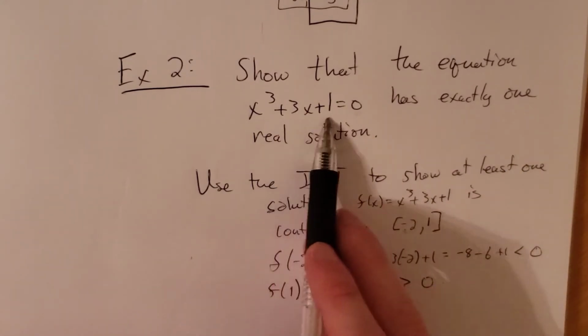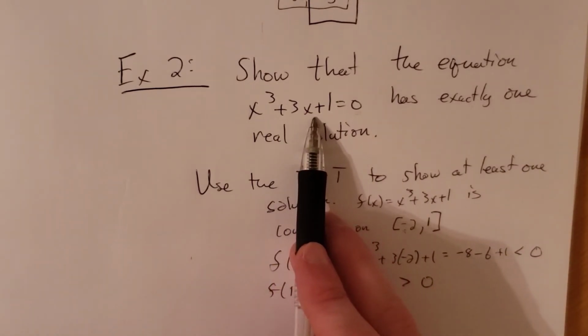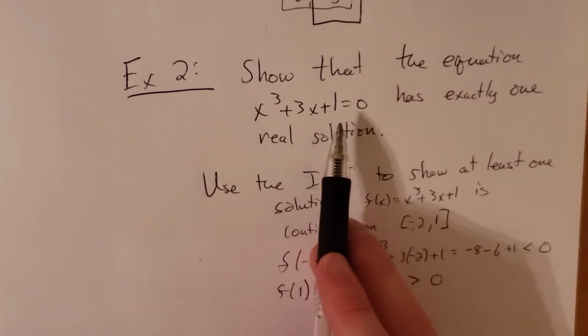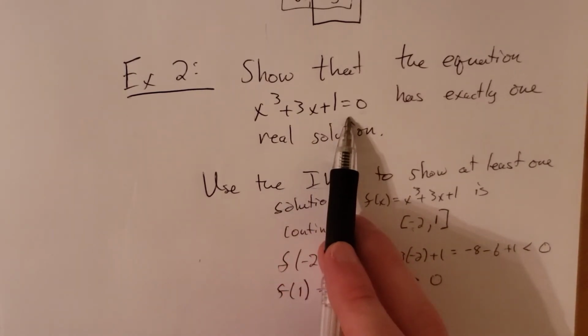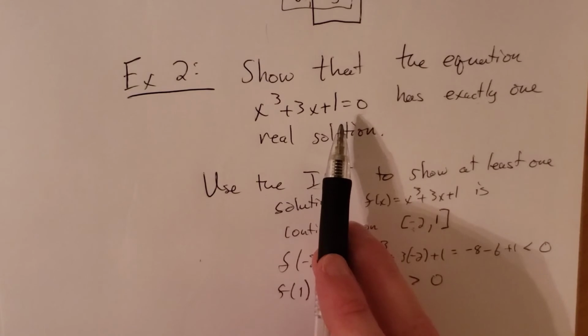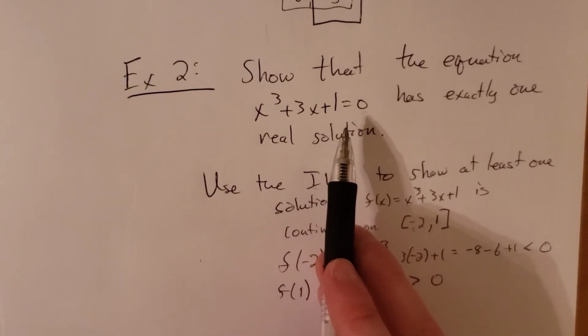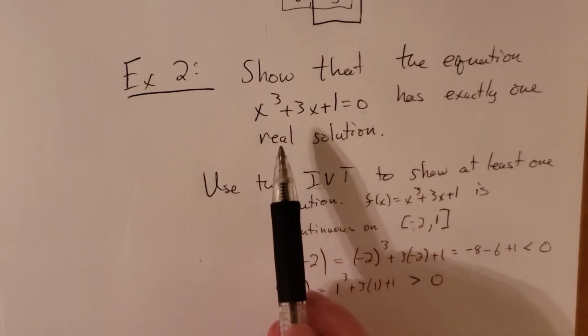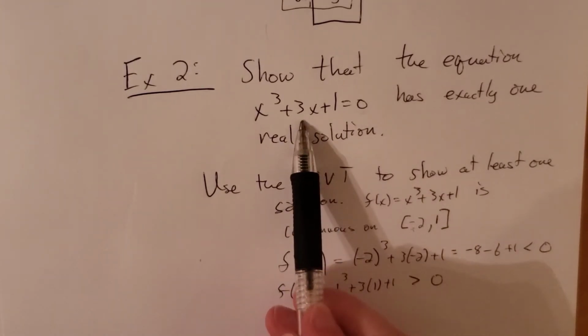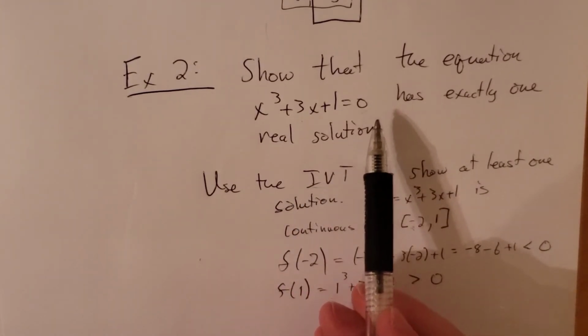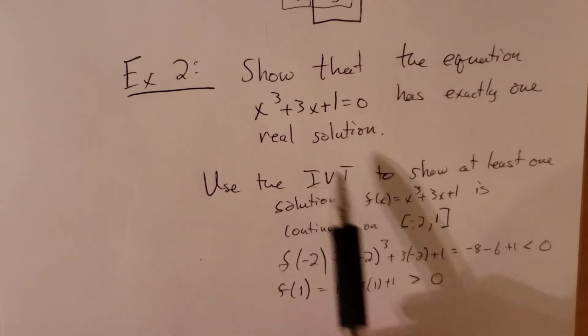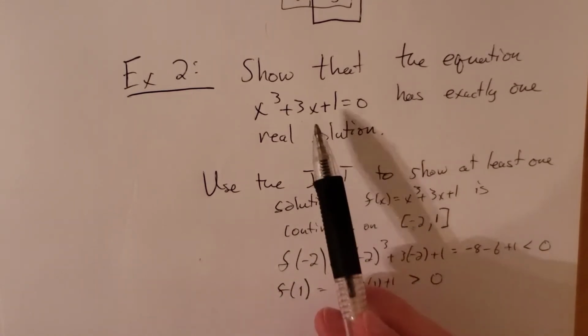Well, let's suppose that there was another solution. If there was another solution, then Rolle's theorem would say that there is some point in between this solution and the one we found here. We didn't really find what it was, but we know it exists.